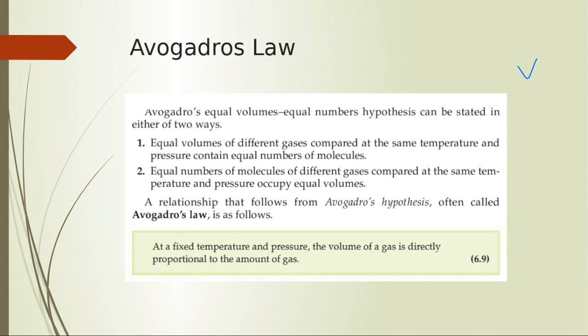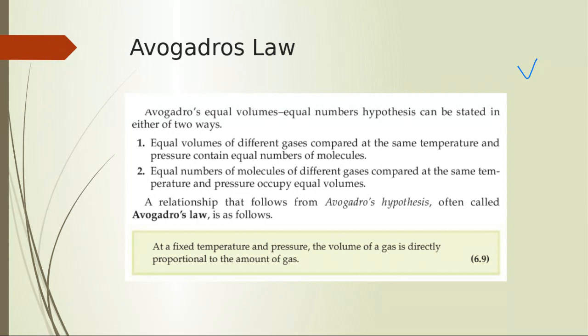Charles, Avogadro, and Boyle always compare the volume with the other variable. For Avogadro, volume compares with the amount of gas, while temperature and pressure are constant. If the volume is higher, the amount of gas is higher. This is direct proportion.